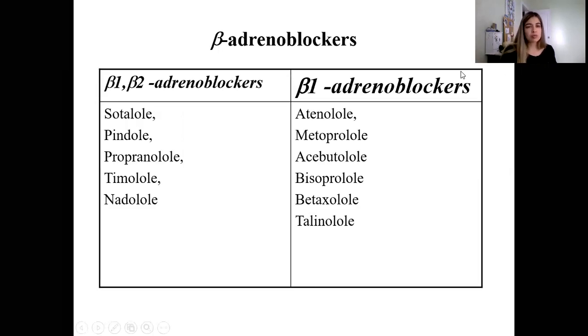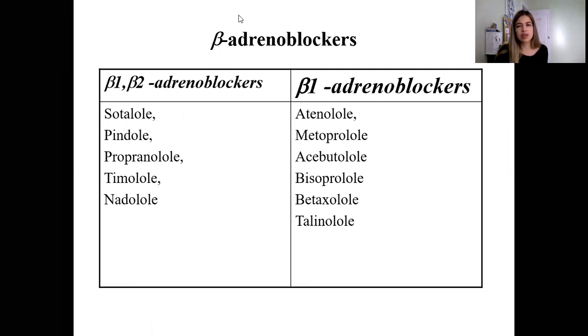Now we are talking about beta adrenoblockers, which can also be selective, beta 1 only, and non-selective, which block both beta 1 and beta 2. For non-selective, we have these examples. For selective, these examples.